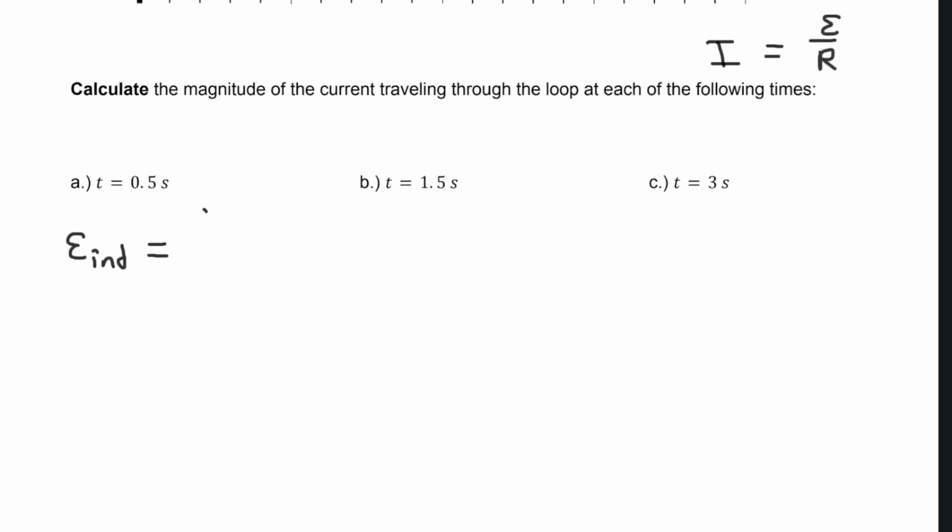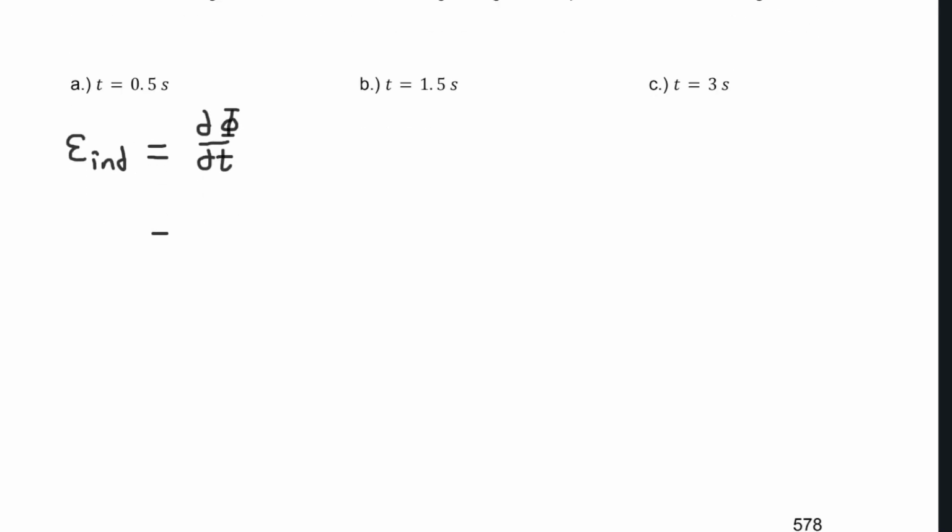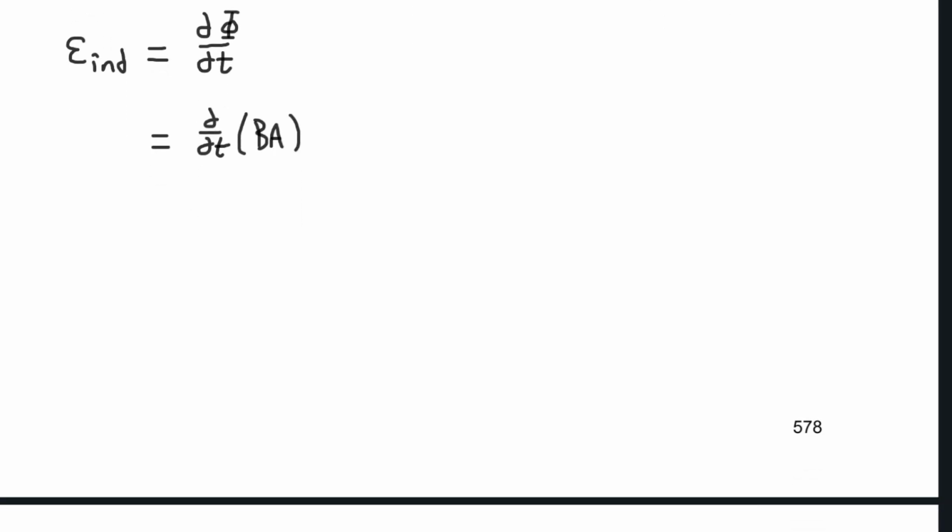The induced EMF will always just be given by the rate of flux change through the loop, which is the rate of change of the magnetic field times the area. And since the area isn't changing, we're just looking at the rate of change of the magnetic field times the area.